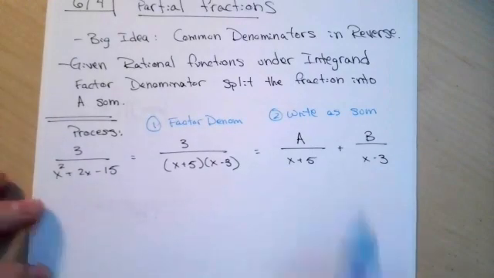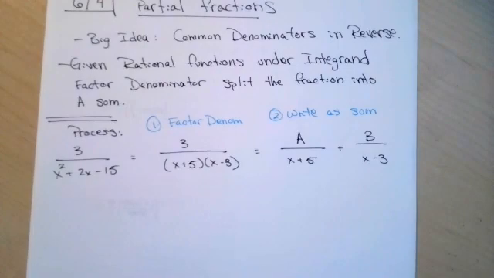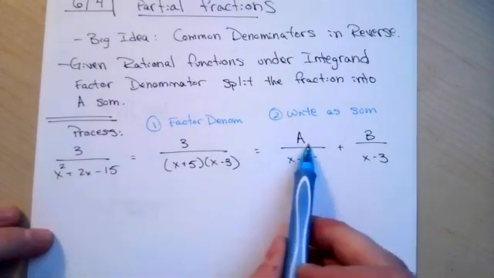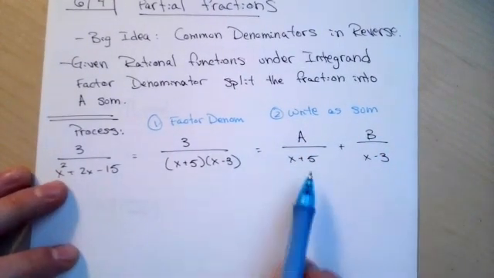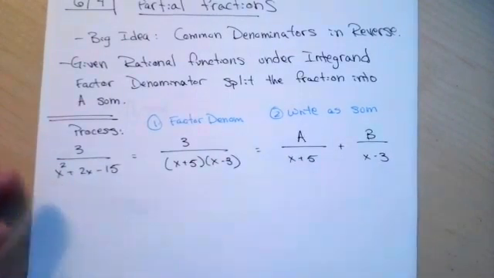And I'll explain a little bit more about where these factors come from and how we manipulate them, because they're going to change. These expressions that appear in the numerator depend on what we see in the denominator.